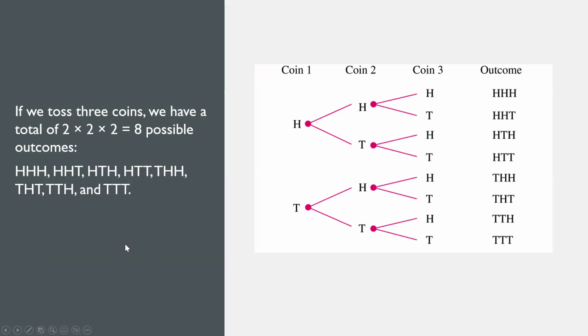Now, I should say that the more you get, this becomes harder and harder to do. You wouldn't want to do this with something like a deck of cards, 52 possible. The deck that we use here in America is the French deck, and we have 52 cards in there. That would be a huge list and probably be difficult to draw.